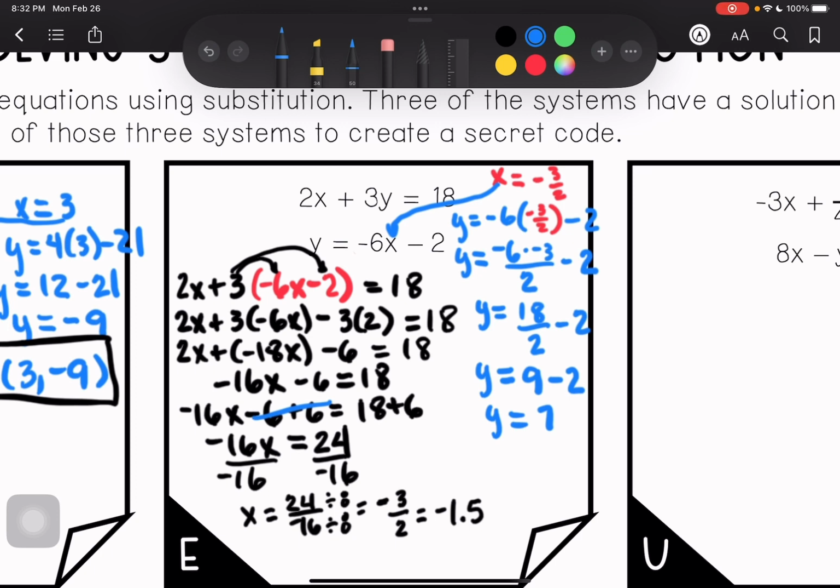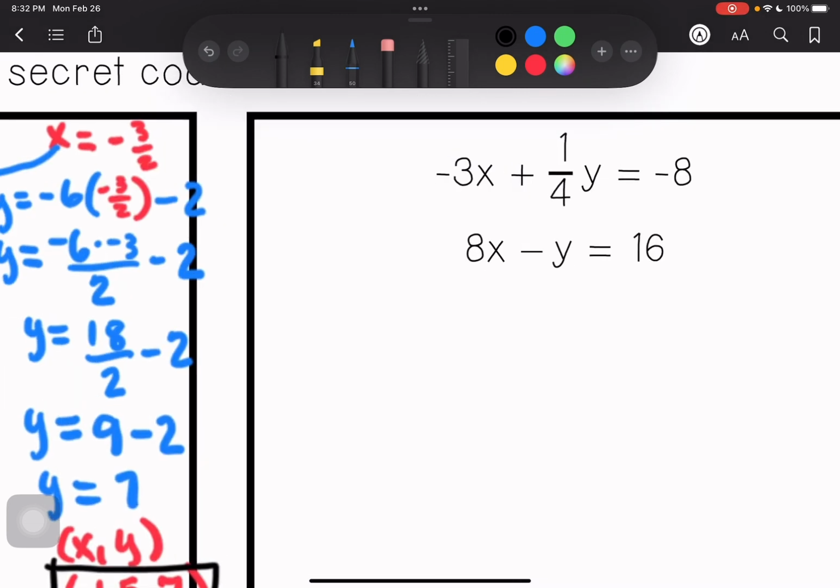Therefore, my solution, remember, your solution is in the form of x comma y. So x equals negative 1.5 and y equals 7. So this is my solution to this system of equations. Number 3, we have to put one of these in slope-intercept form. So I'm going to do this with the second equation by subtracting 8x from both sides.